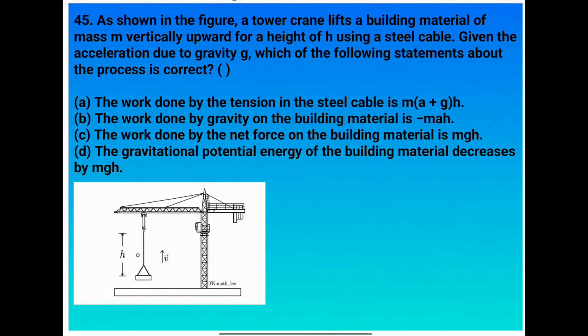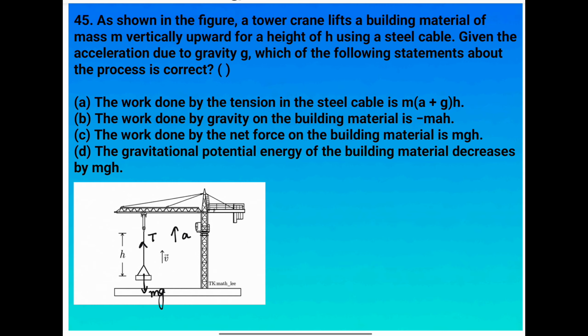Since the crane is lifting the object, there will be tension in the rope, and there will be a force in the downward direction, and it is moving in the upward direction, so it will have an upward acceleration a.